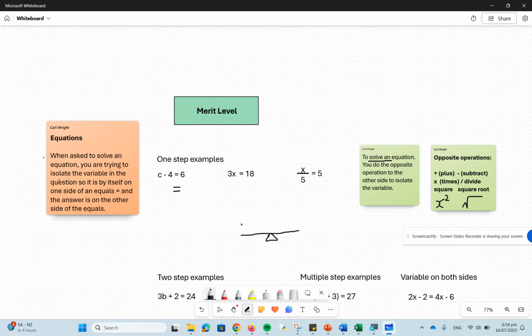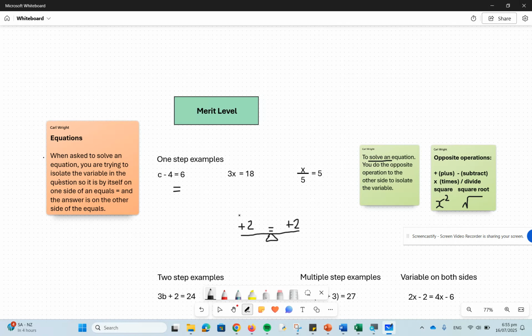Now, if I've got +2 on this side, to have this balanced, I would need +2 on this side, wouldn't I? It's balanced. So +2 is balanced with that +2.